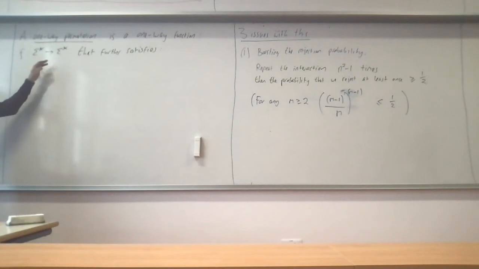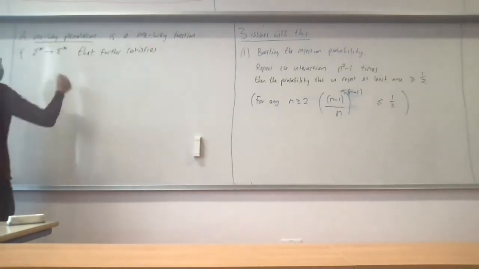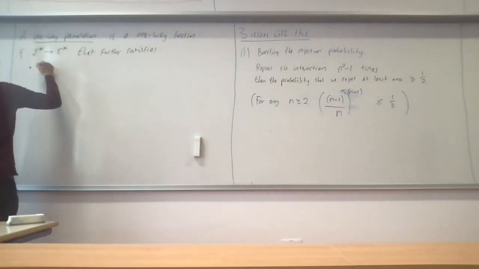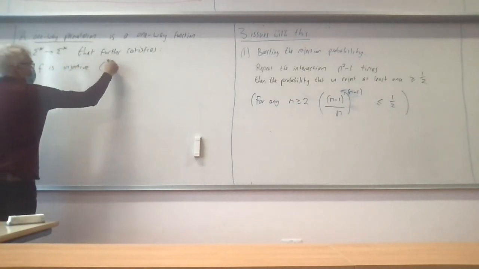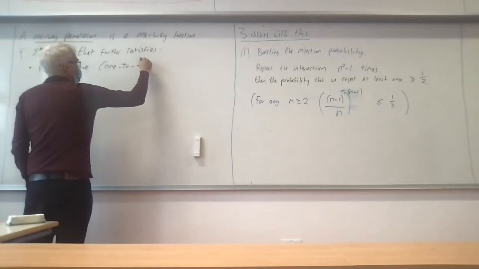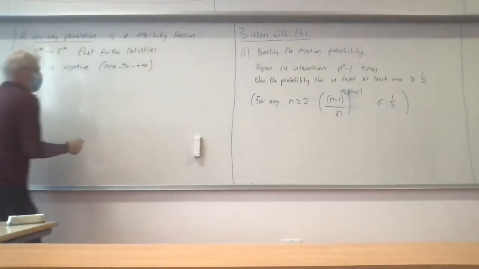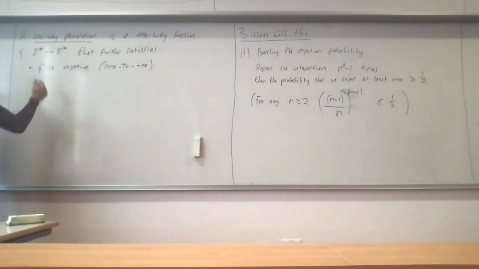For any string length, it's a permutation on strings of that length. A way of saying that is that it's injective, it's one-to-one: any two different strings get mapped to two different values. And further, f preserves the length of strings. So this guarantees that f is a permutation on strings of the same length.